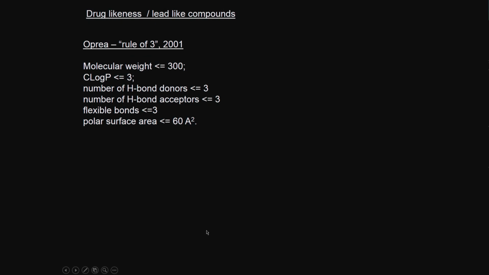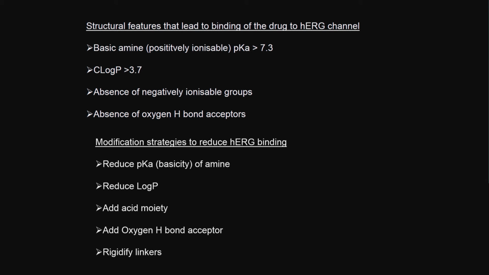By doing that we can prevent this HERG binding, and hence we can prevent the disturbance caused to the potassium channel, and hence the cardiac arrhythmia, extended QT syndrome. Okay. So, we will continue more on this drug likeness in the next class as well. Thank you very much for your time.